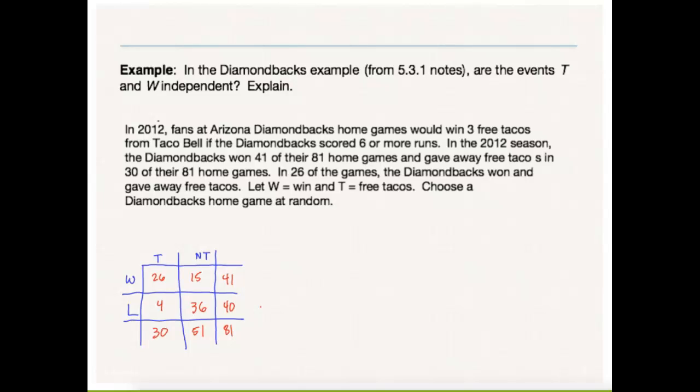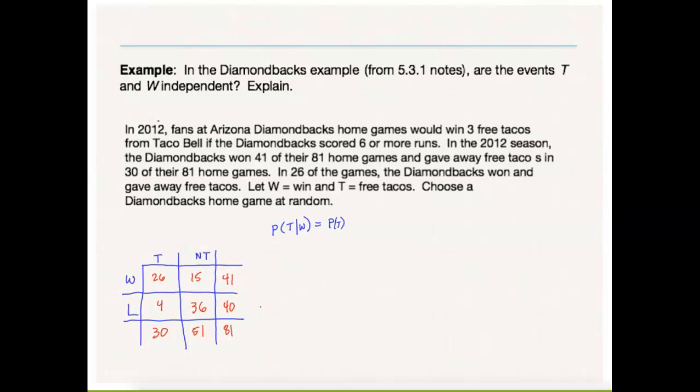Are the events T and W independent? So if I want to look at independence, I want to ask: is the probability of getting tacos, given that we won, the same as the probability of getting tacos?